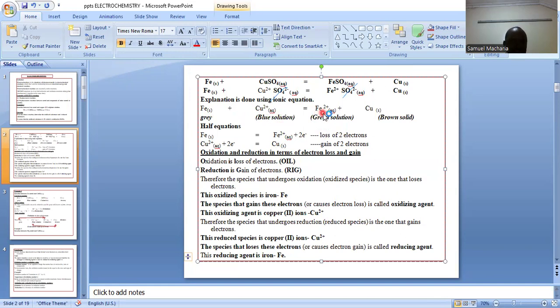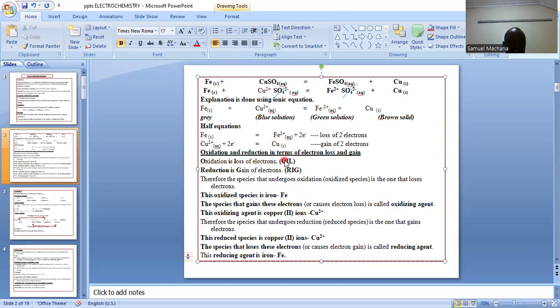That gives us the new definition of oxidation and reduction in terms of electron loss and gain. In the change of iron metal to iron 2 positive, there is loss of electrons, and we said that is oxidation. So oxidation is loss of electrons.